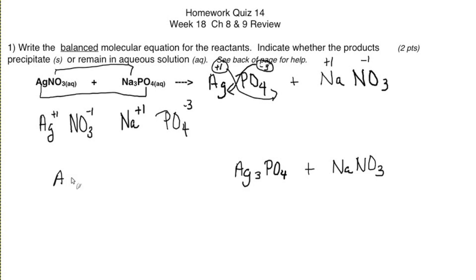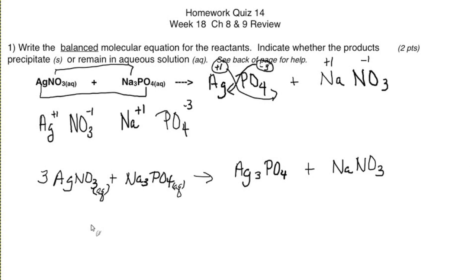And I'll go back over here and put these in, and we count everything up and make sure it's balanced. Okay, we have Ag here, we have Ag3 here. So we're going to have to put a 3 here in order to take care of the 3 silvers that we had to have to react with 1 phosphate.